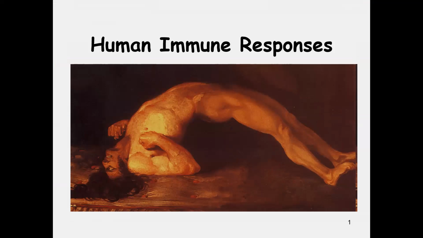So some of you may have seen this picture before. It's an old painting of a poor fellow who is just about to die, and he is being infected with tetanus.